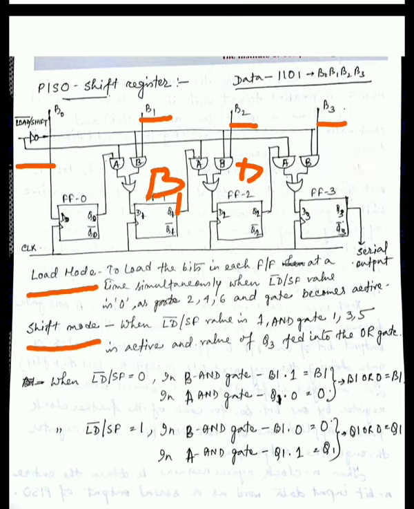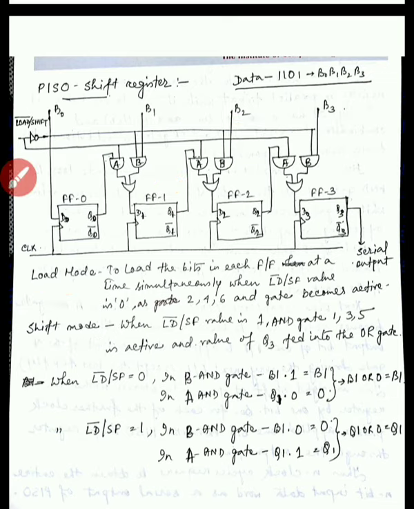Okay, now what does it mean when the load mode you see here, to load the bits of B1, is connected? It means the input here is 1 1 0 1.